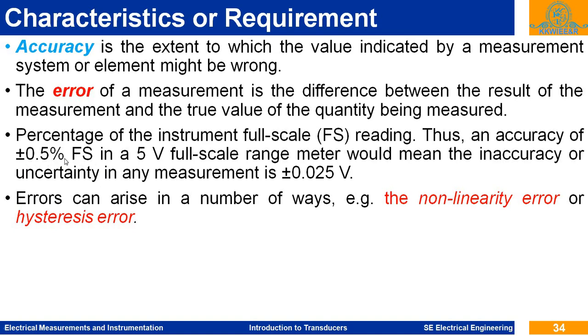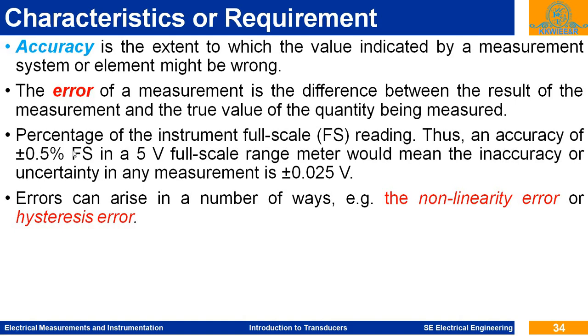0.5% of full scale. Okay. Percentage for 100%. So there may be a 0.5% on the plus side, means 100.5 or 99.5 on the minus side, on the negative side. Okay, for full scale.